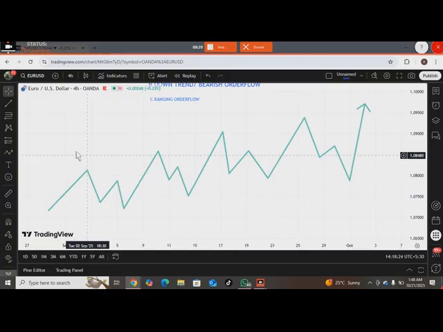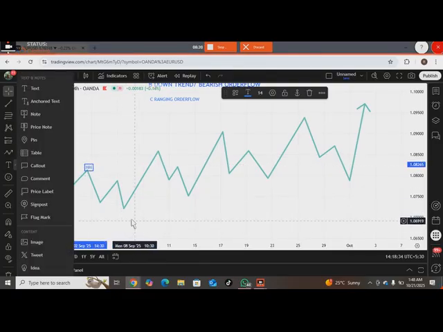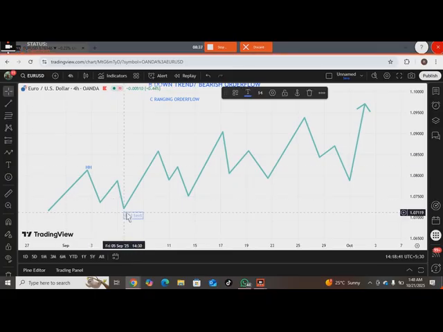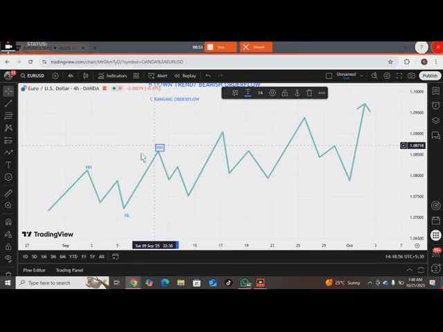And on these, there should be higher highs, and here this is a higher low. You see, the market should create higher highs and the market also should create higher lows.